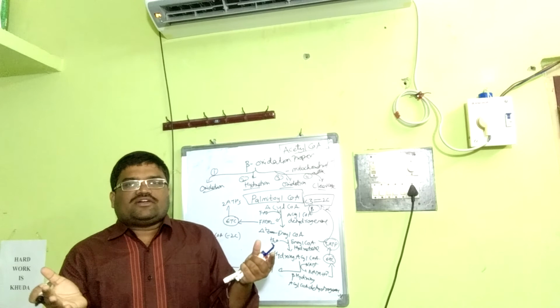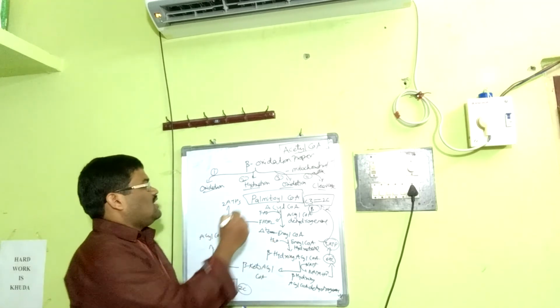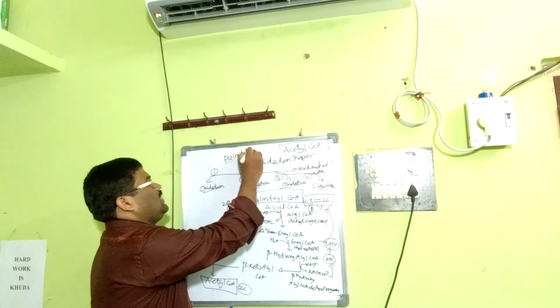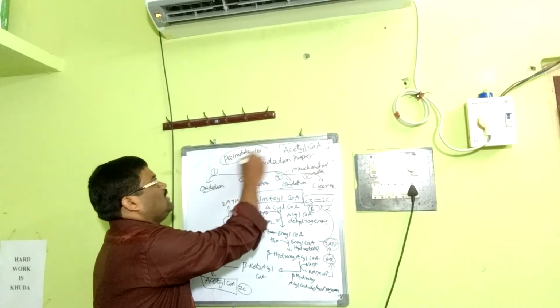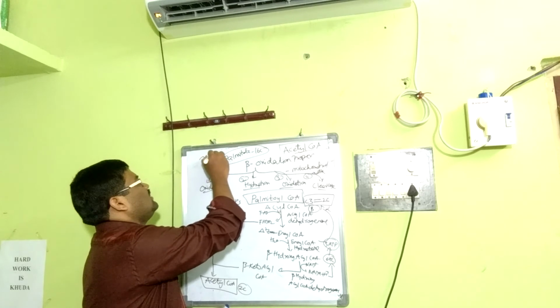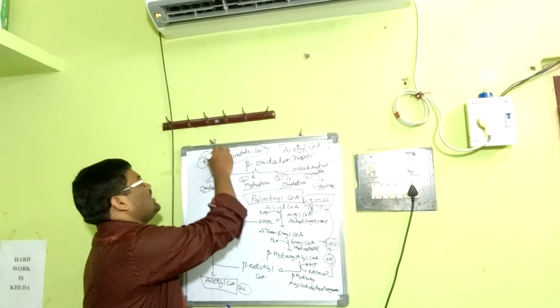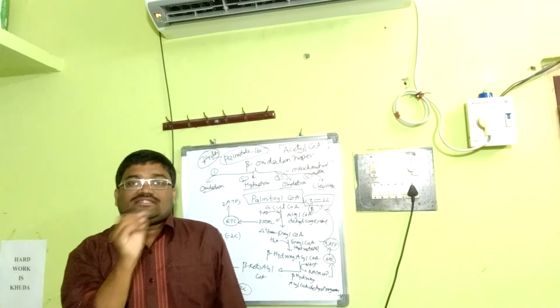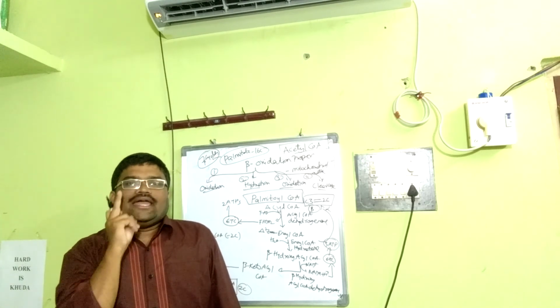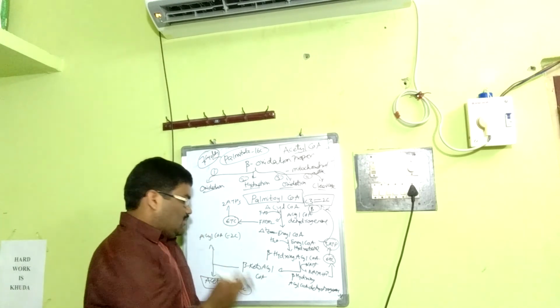For example, palmitic acid, which is 16 carbon palmitate, will undergo 7 cycles, and out of 7 cycles, each cycle will liberate 1 acetyl coenzyme A, which is a 2 carbon unit.